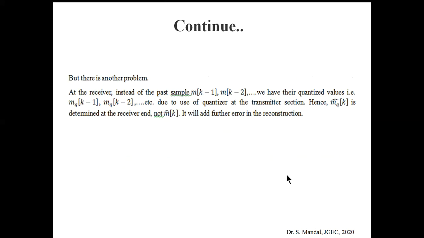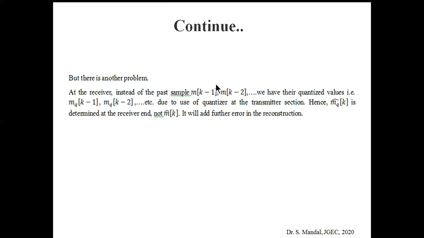So what is the problem? Basically, at the receiver section, the past samples mk minus 1, mk minus 2 are not available. What we have are their quantized values, because after sampling, obviously we need to use the quantizer. So all the available values are mq k minus 1, mq k minus 2, where q denotes the quantized value.